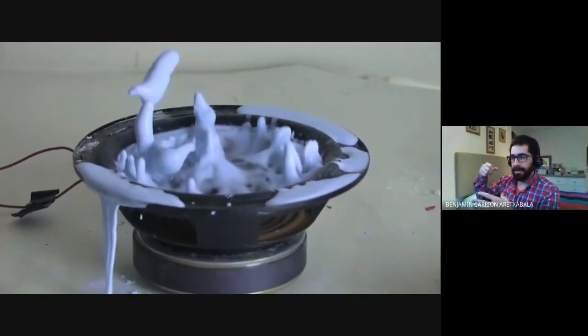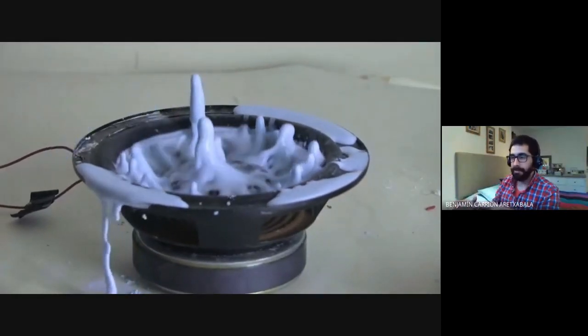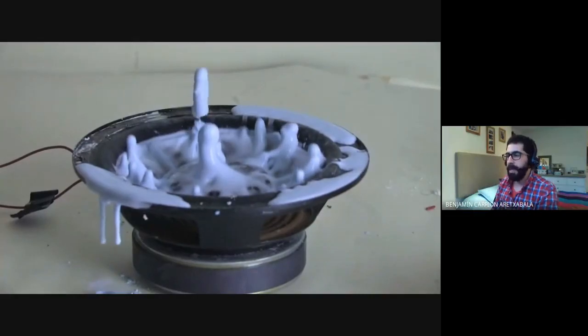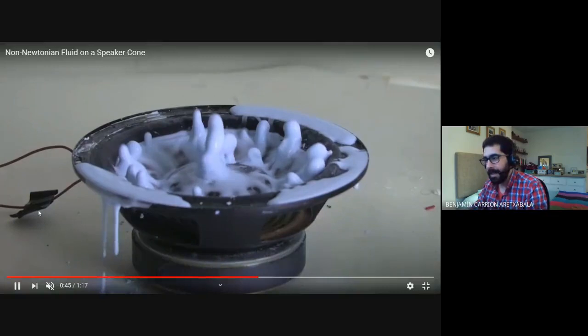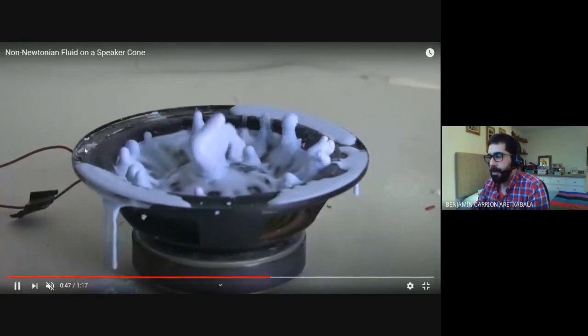It's going to behave like a really solid thing if you do it properly. This is a classic example of a non-Newtonian fluid. We're not going to be seeing many of these in the course, but it's important that you know that they exist.